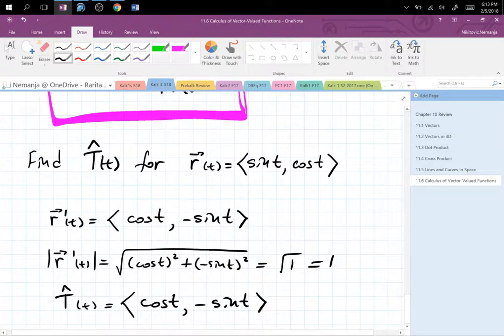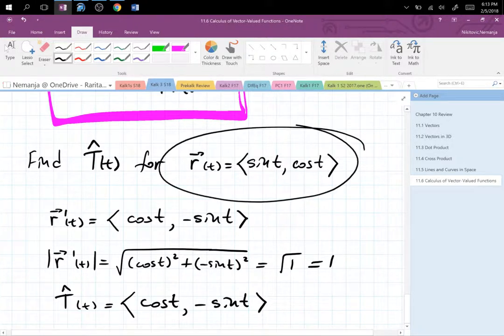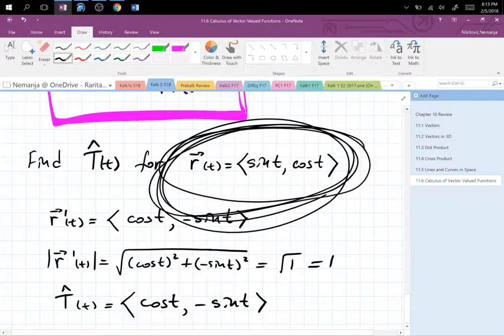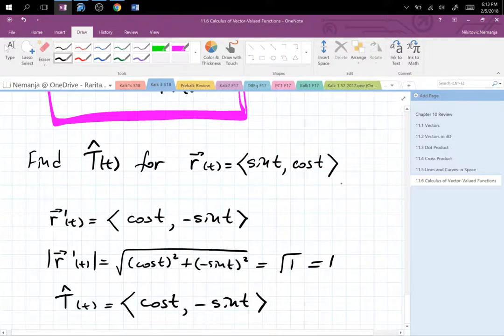Now, does it make sense? First of all, what is this thing over here? What is that when you draw it on xy coordinates?